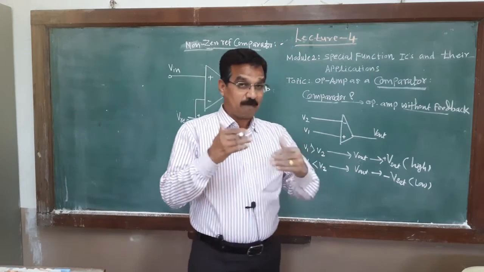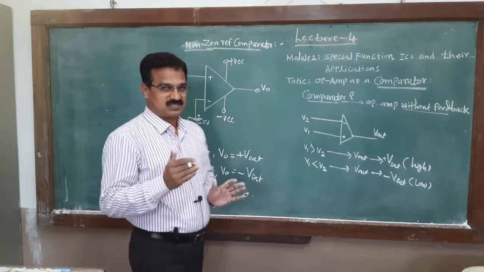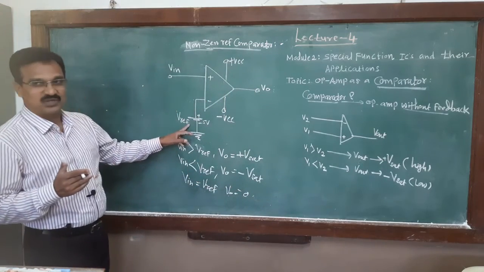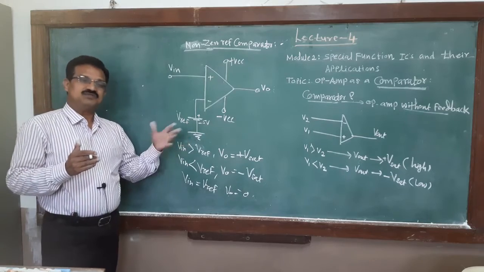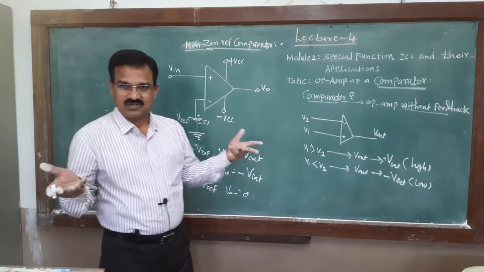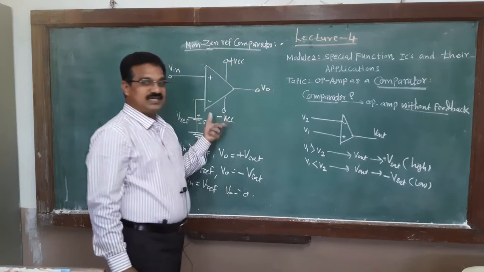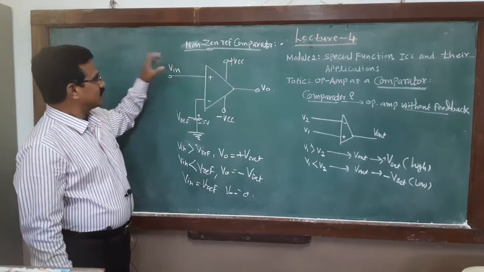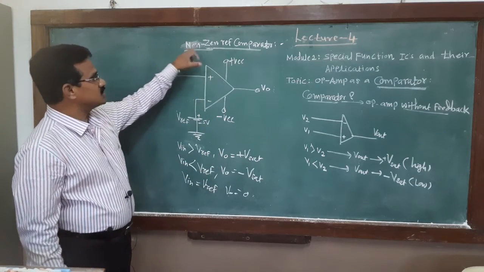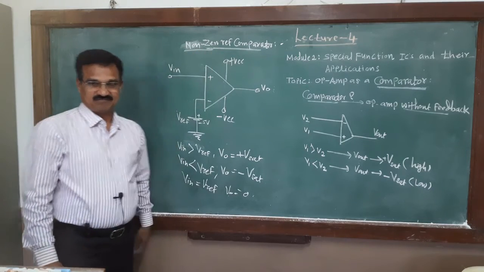Here the comparison is with respect to some reference. And we can change this reference voltage by using 5 volt, 6 volt, 7 volt. That can be changed. Such a type we call a non-inverting non-zero reference comparator.